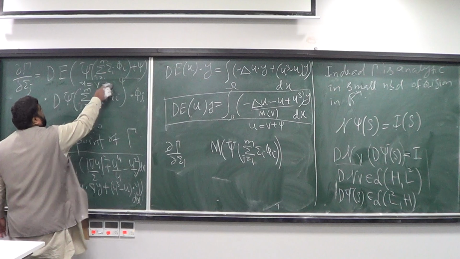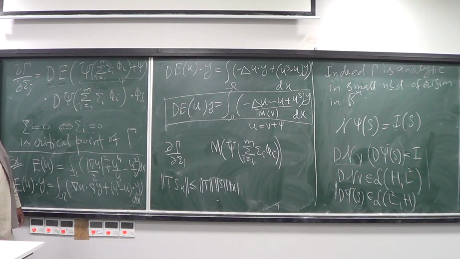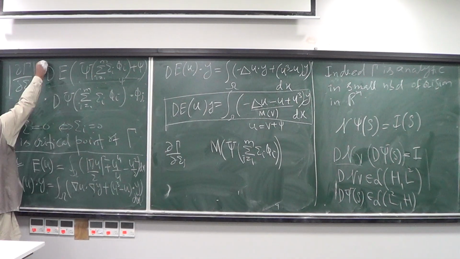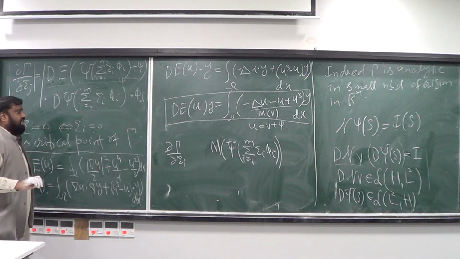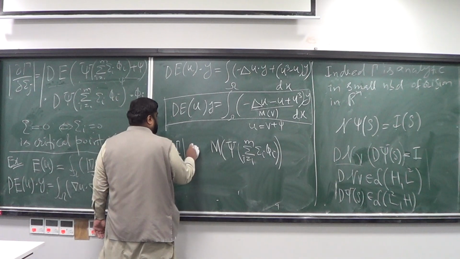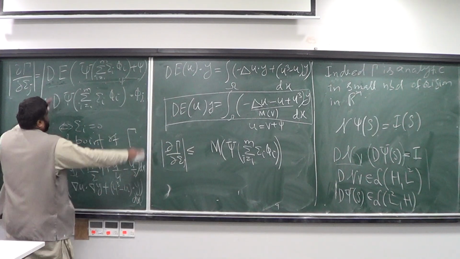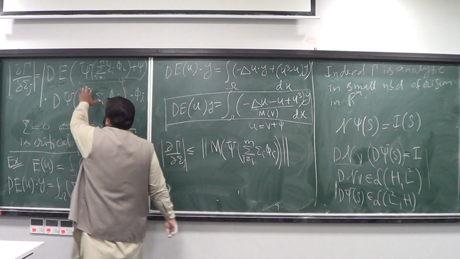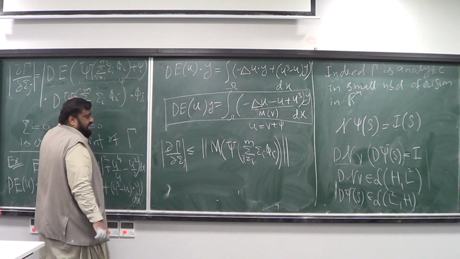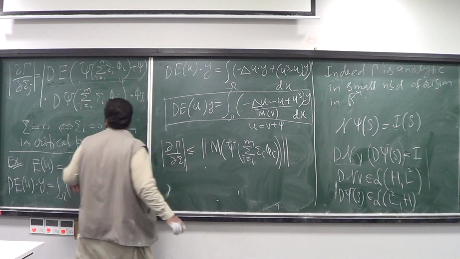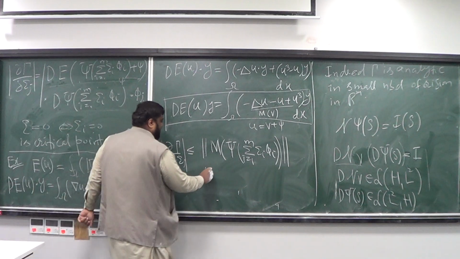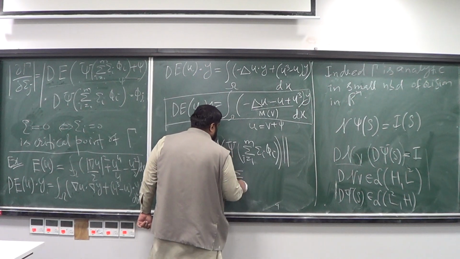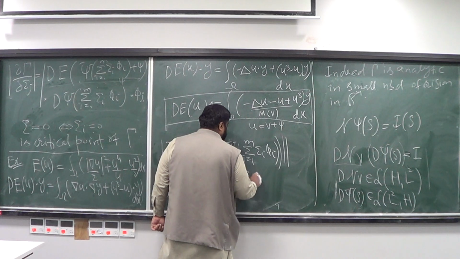All right. So now, on both sides, I want to take the absolute value. When I take the absolute value, this can be estimated by the norm of the first quantity, m of psi of this, times the norm of d psi of the sum from i equal to 1 to m of xi i phi i.